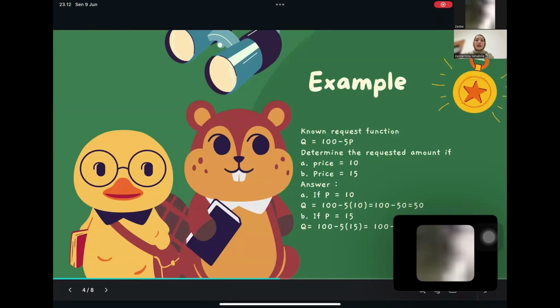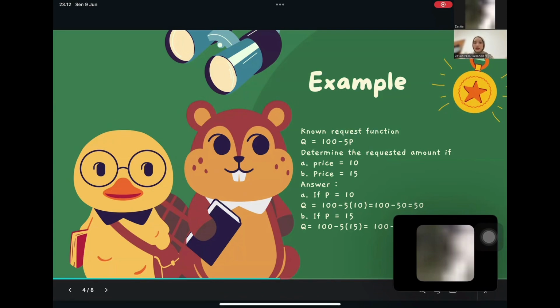Example: the demand function Q = 100 - 5P. Determine the demand amount if A, the price is 10, and B, the price is 15.